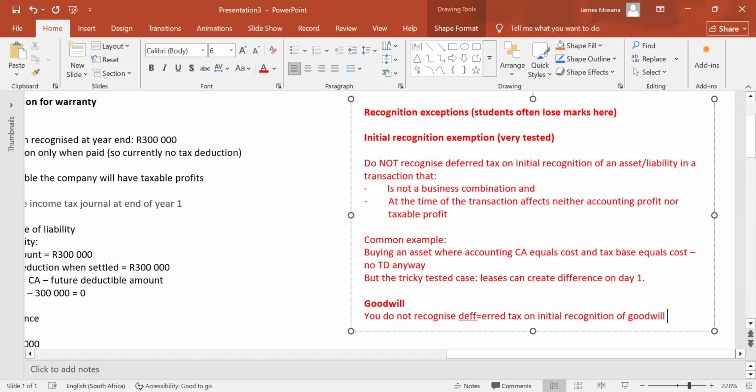A deferred tax liability on goodwill is prohibited. It is prohibited under IAS 12.